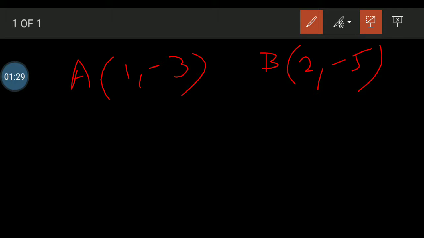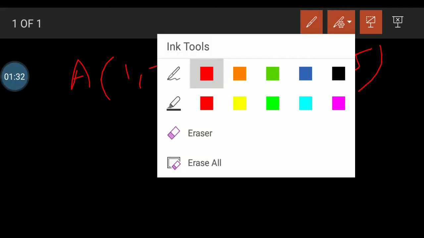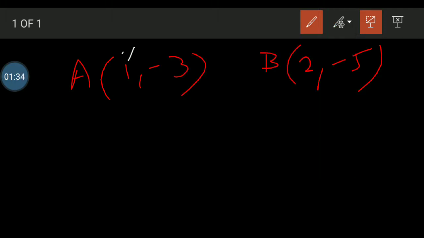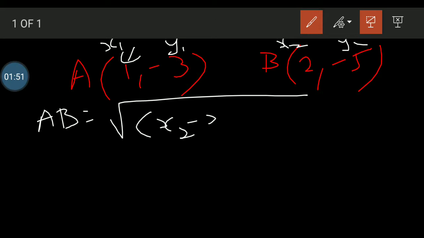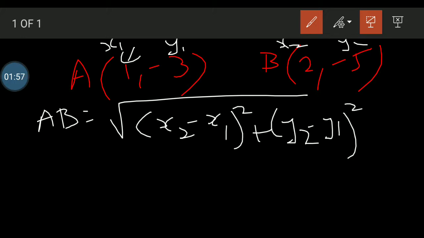This will be my x1, then y1, then x2, y2. I will be finding AB. With AB, what is the formula? Square root of x2 minus x1 whole square plus y2 minus y1 whole square.